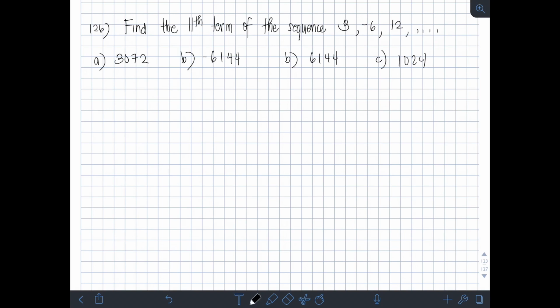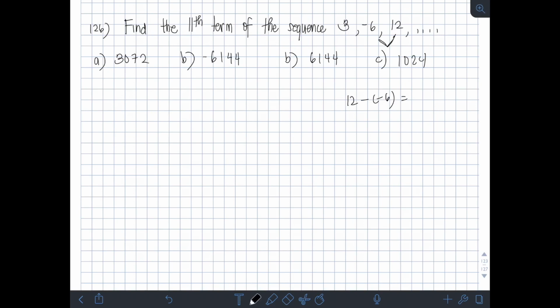Okay, so kapag meron tayong given terms ng sequence, pwede natin i-check kung pwede ba silang maging arithmetic or geometric sequence. So kapag arithmetic sequence, merong common difference. Kapag geometric sequence, meron namang common ratio. So check muna natin kung pwede ba siyang maging arithmetic sequence. So ibig sabihin, subtract natin tong 12 minus negative 6.